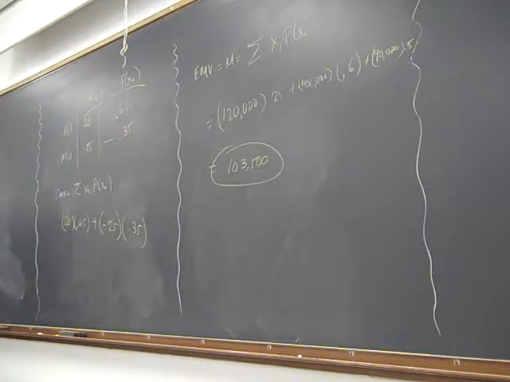It's not plus positive 25, it's plus negative 25, because you're going to lose. You have to pay your friend $25.